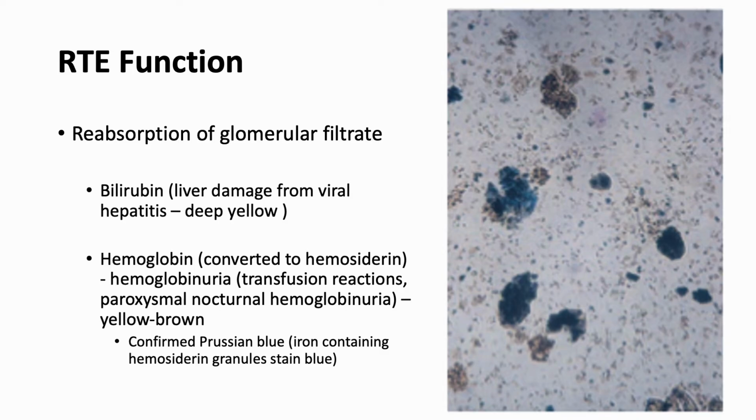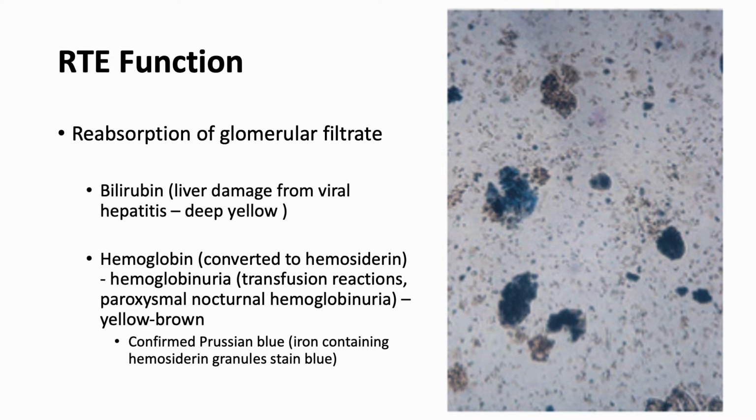So we know the function of the renal tubular epithelial cells to be reabsorption of the glomerular filtrate. So this can actually aid in the identification of renal tubular epithelial cells. So in cases of liver damage from viral hepatitis, there can be deep yellow granular substances in the cytoplasm of the renal tubular epithelial cells that can represent bilirubin.